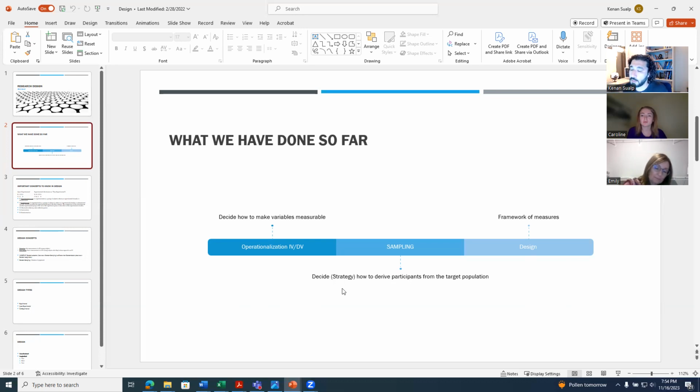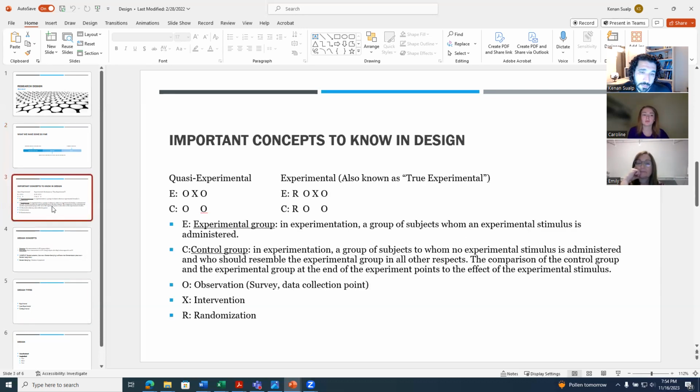And we talked about sampling literally 1 minute ago. And now we will talk about design. In the design, we have different design types. We have pre-experimental, we have quasi-experimental, and we have experimental. The two that are mostly mixed are quasi-experimental and true experimental.